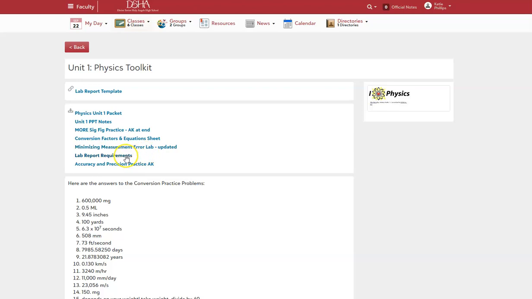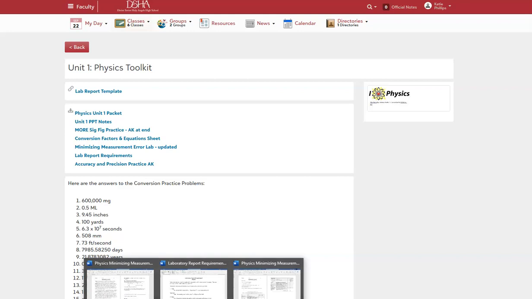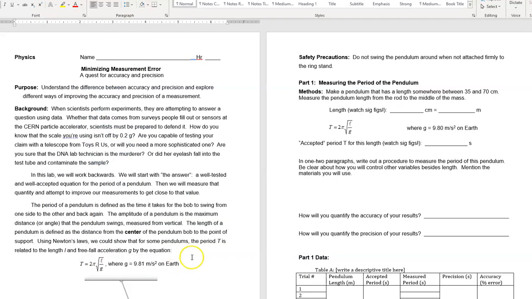And then there's a document we haven't looked at yet called the lab report requirements that we will look at together the next time we meet to check over your work, but you are welcome to look at it ahead of time. It should be pretty similar to what you did in chemistry. So let's look at the lab itself and go through a few things.